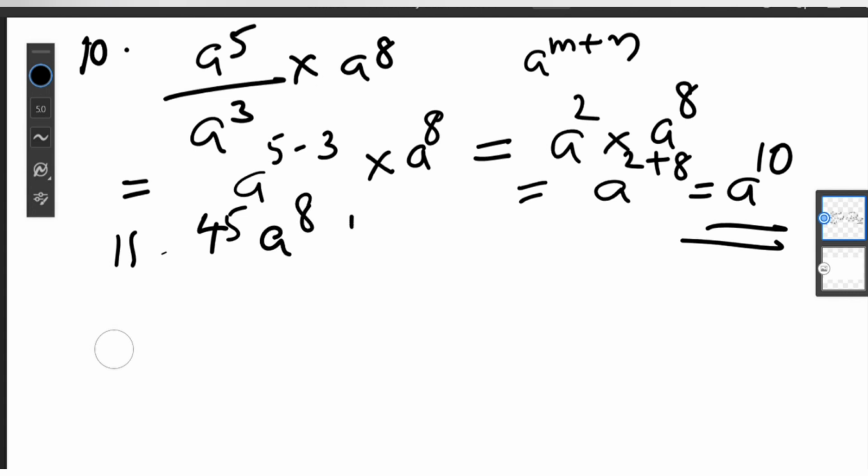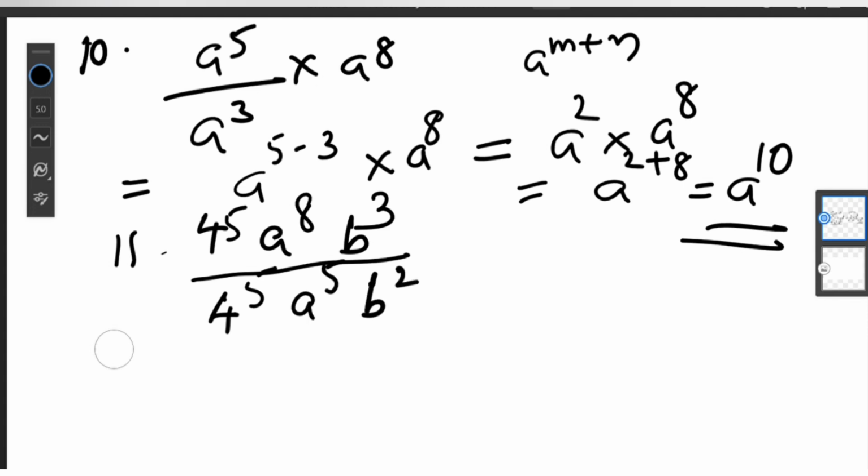Clear? Then 11th question. 4 to the power 5, a to the power 8, b to the power 3 by 4 to the power 5, a to the power 5, b square. What is that? Here 5 and 5 similar, so it will get cancelled.